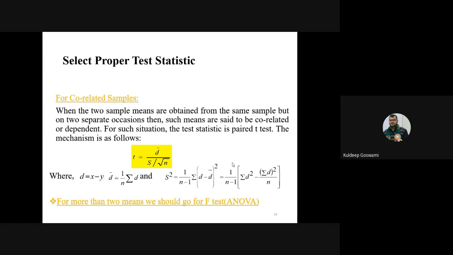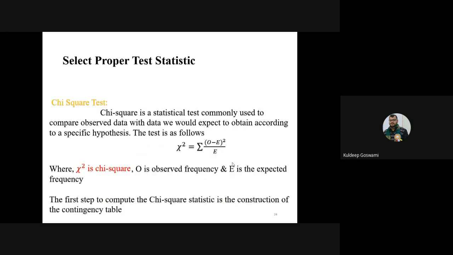So this is the test statistic for t-test or paired t-test, and this is the test statistic. We statisticians refer to it as a test statistic, without using the s in the statistics word.